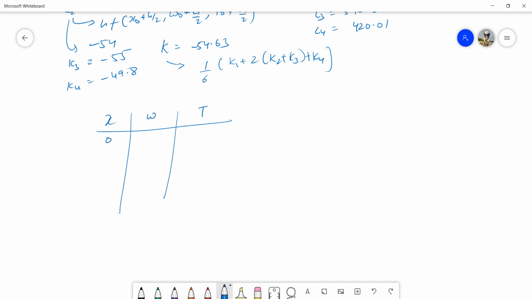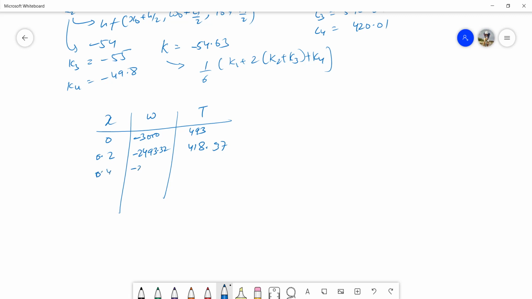So when x was 0, this we have assumed as minus 3000. So this is 493 at 0.2. This is minus 2493.32. This is 418.37 at 0.4.